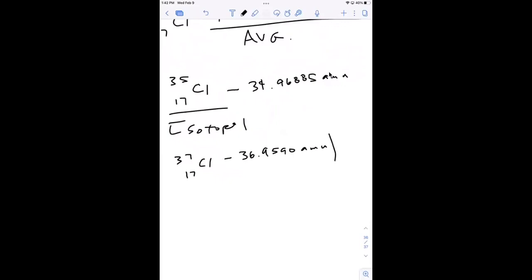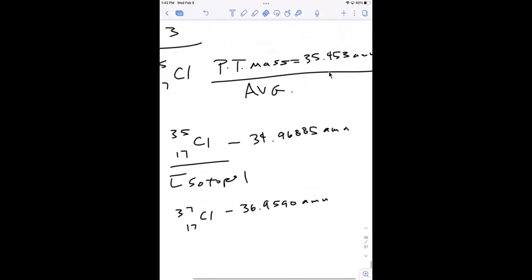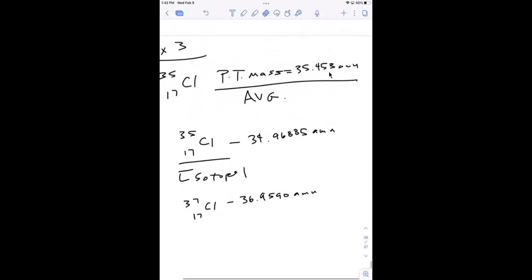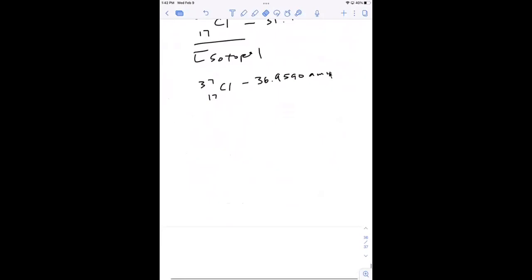All right, so we got the masses, we have the average, but we have no fractions. So here's the trick to these types of problems where you don't have the fractions: you have to remember that all the fractions have to add up to 1. So in this case, we're going to have 2 fractions, right? Because we got 2 isotopes.